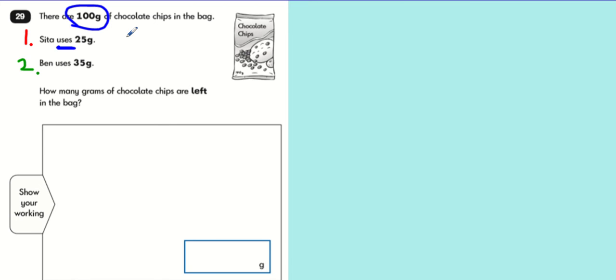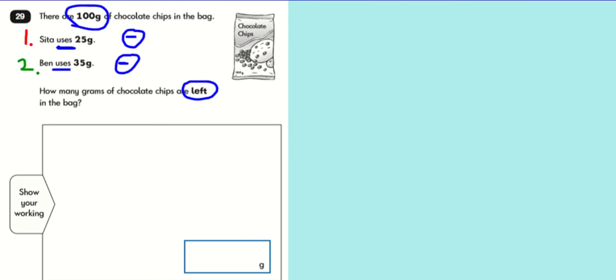So she's going to be taking them away, taking them out of the bag, isn't she? Because she's using them, she's taking them away. Ben uses, that's that word again, that's going to help us, another 35 grams. So he's taking out some more chocolate chips. Okay, and we want to know how many are left. That's another clue that it's going to be take away, isn't it, or subtraction for this question.